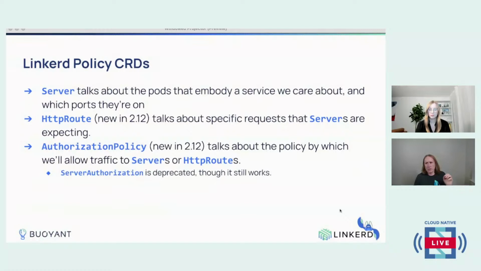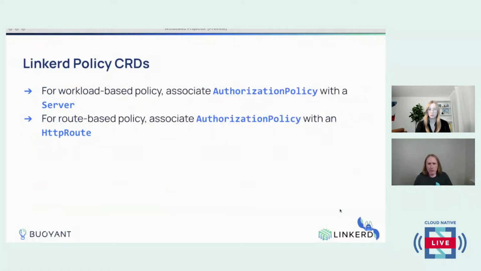And again, server authorization is deprecated in favor of authorization policy, but server authorization does still work. You don't have to throw it away yet. Worth pointing out, if you're trying to do route-based stuff, you do have to do that with authorization policies. Okay, so for workload-based policy, you associate the authorization policy with a server. For route-based policy, you associate it with an HTTP route.